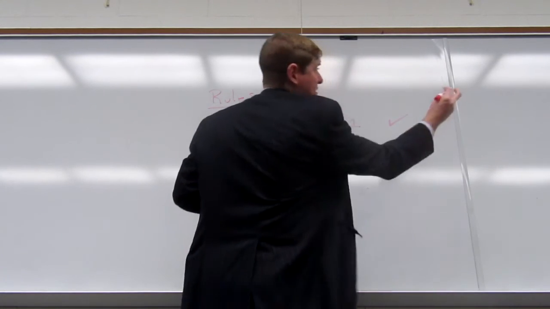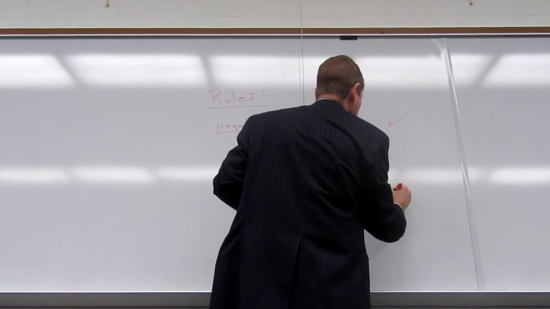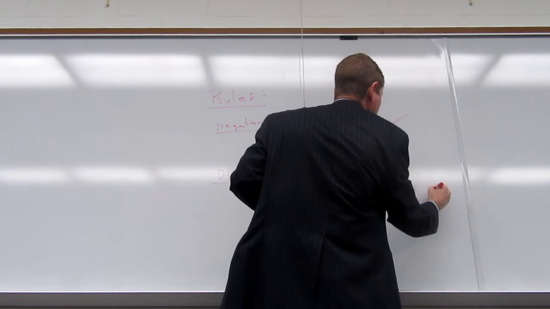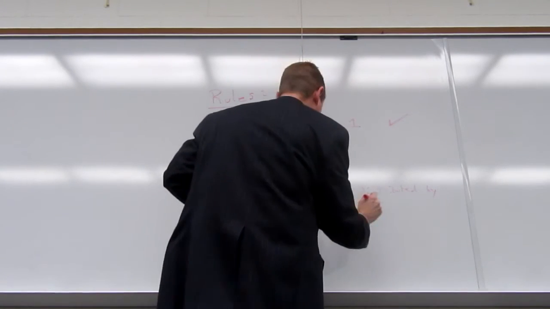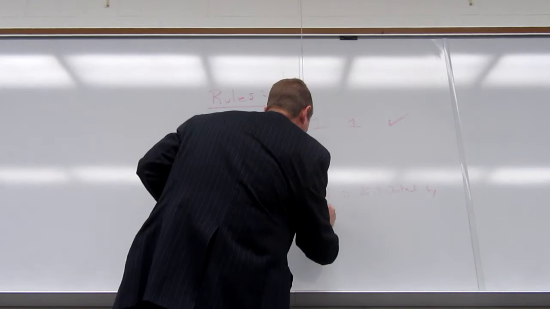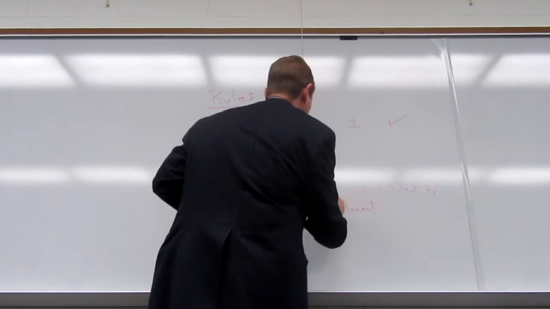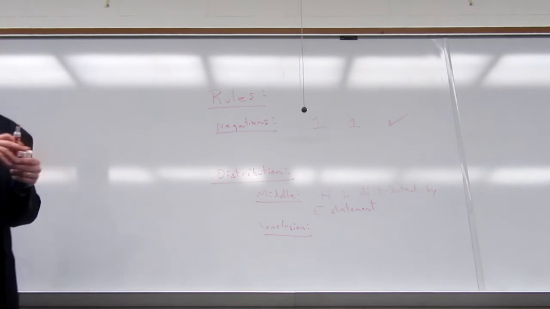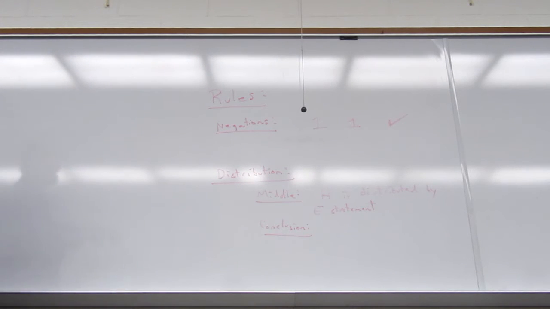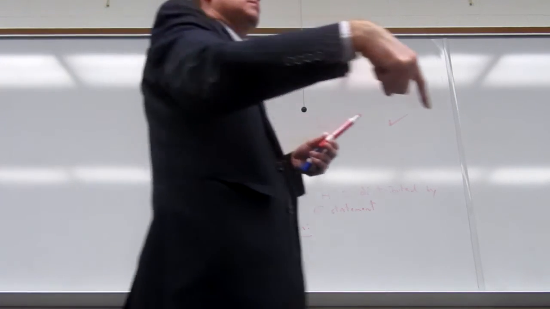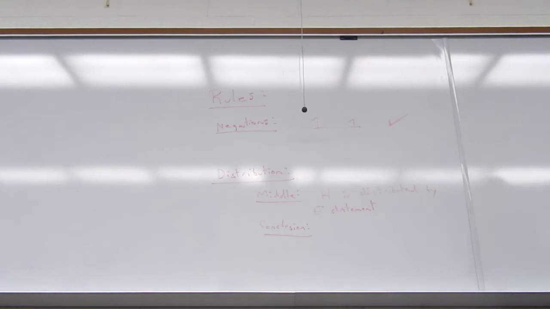The middle term in this case is H, and it is distributed by the E statement, because it's the predicate of an E statement, and E statements distribute both subject and predicate. You know that because it's in your notes.